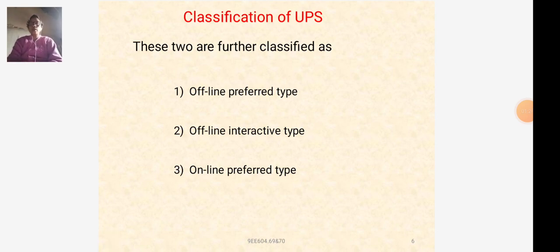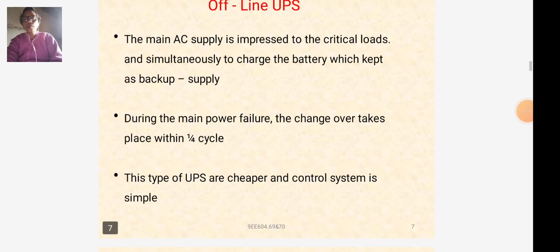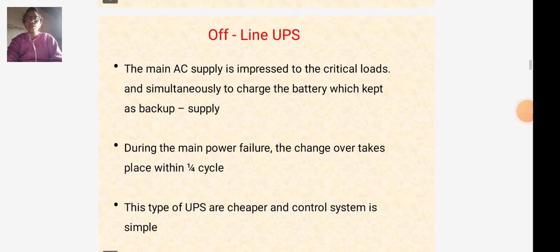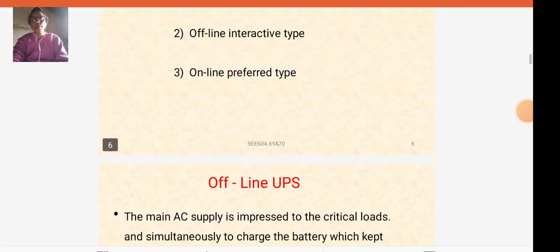These are further classified as offline preferred type, offline interactive type and online preferred type. These are the classifications under offline and online UPS. First we are going to discuss the offline UPS, but before that, we will discuss a few terms of UPS.